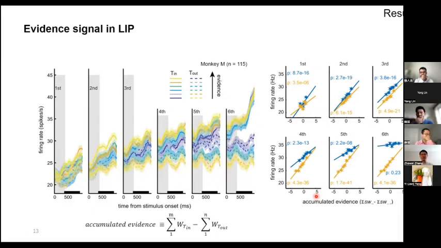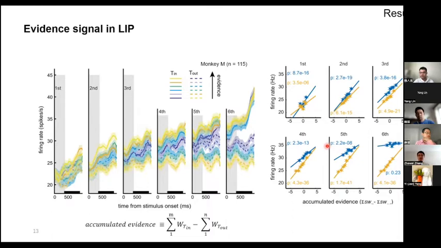Here I do that for the T-in and T-out choices separately. We can see the slopes of the fitting lines for the T-out choice are stable across epochs, while those for the T-in trials, shown by the red lines, tend to decrease and become statistically zero in the last epoch, because the motor signal dominates the LIP response in the last epoch, just before the eye movement.